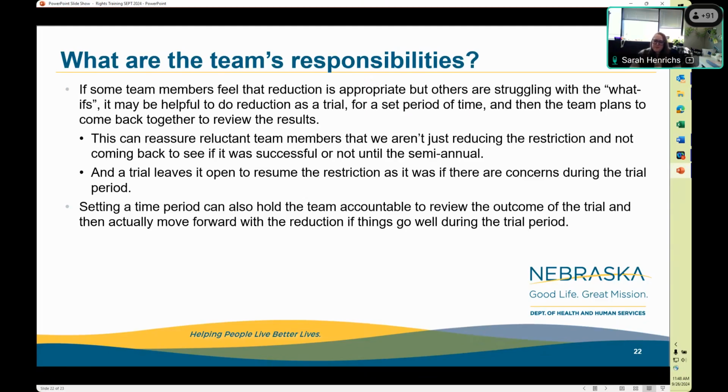But that's something where, if it's a gray area where the team, I've said this before with guardians, if the team all really agrees it's time to reduce a restriction, but the guardian is still really struggling, a trial can be helpful. You're working with them, you're willing to compromise. It isn't a power struggle or everybody ganging up on the guardian. It's, let's see what this really looks like. Sometimes that can be a helpful strategy in helping bring the team to consensus.